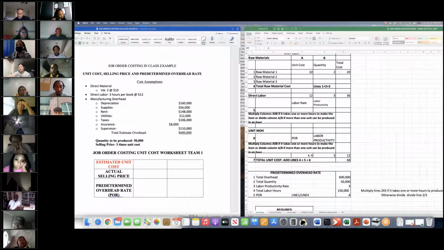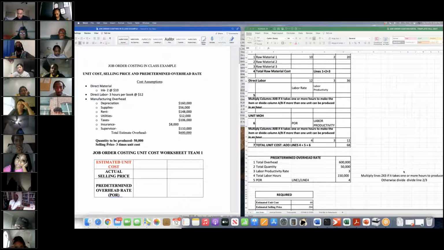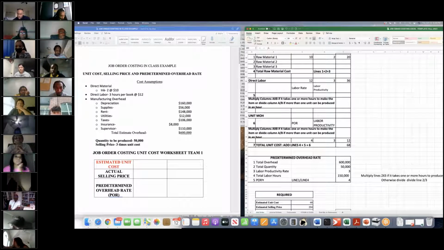Okay. To get the POR, we need the labor productivity, we need the overhead, and we need the quantity. First of all, we get the total overhead, which is 600,000. Then the quantity is 50,000. The productivity rate, which was given, it said 3 hours per book at $12. So that's 3.